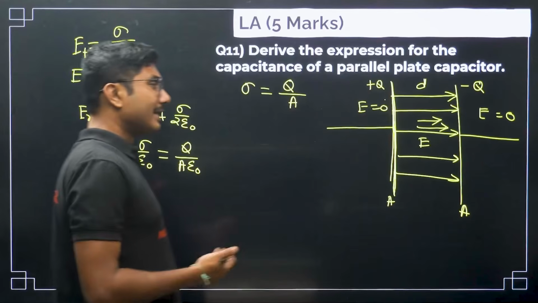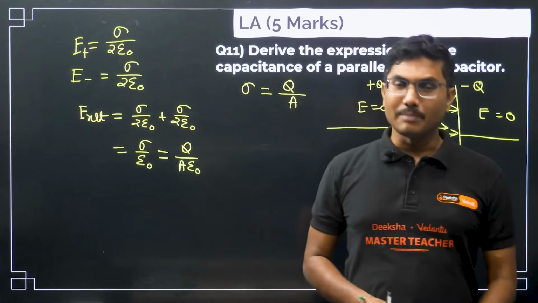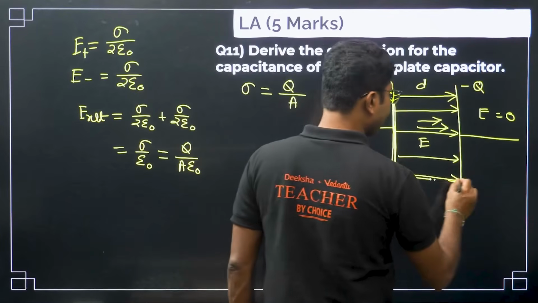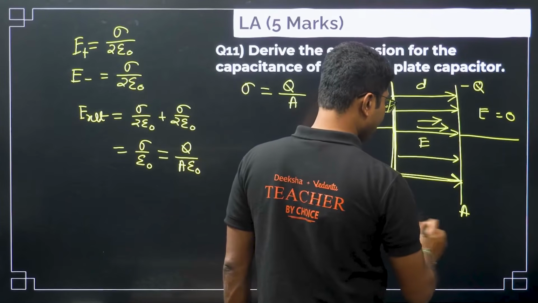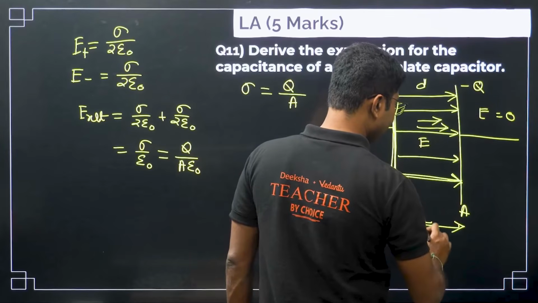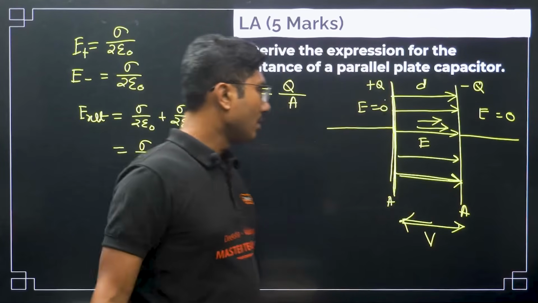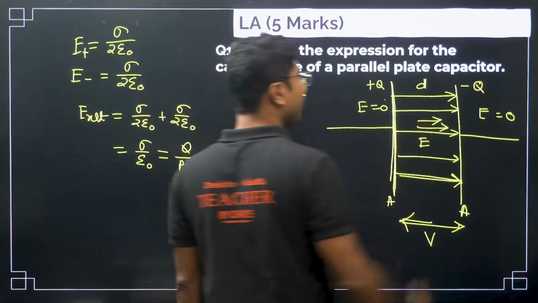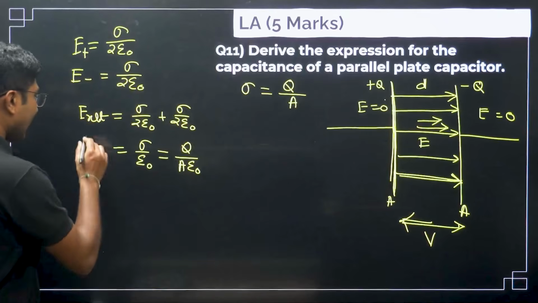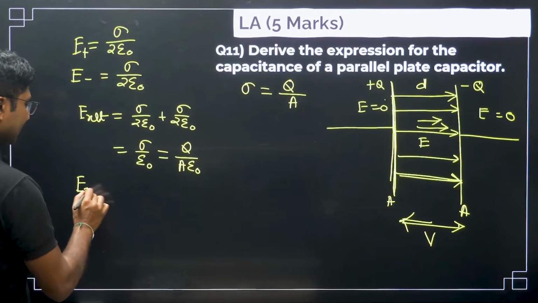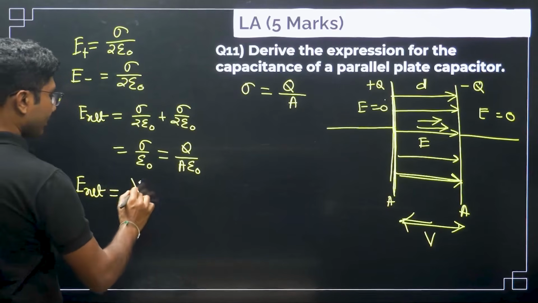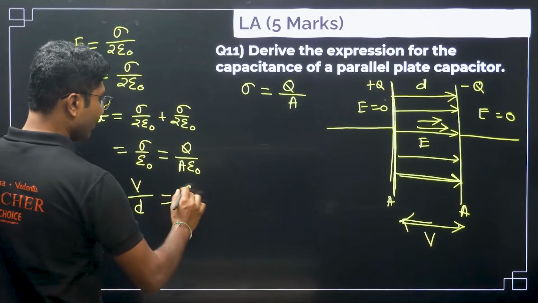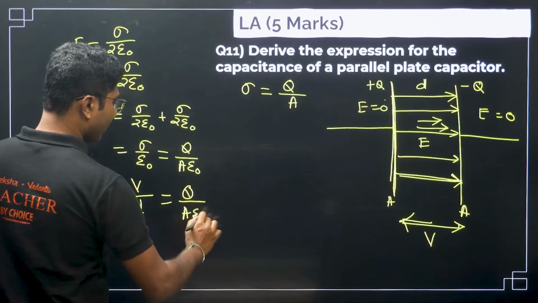Now we just did the derivation that E is equal to dV by dl. Now if the potential difference between the plates is V, so dV itself is V, and the distance we already know is D. So we can write the net electric field as the potential difference divided by the distance, and that equals Q by A epsilon naught.